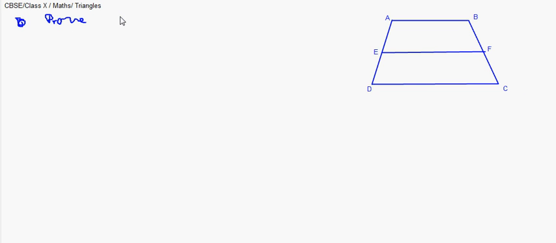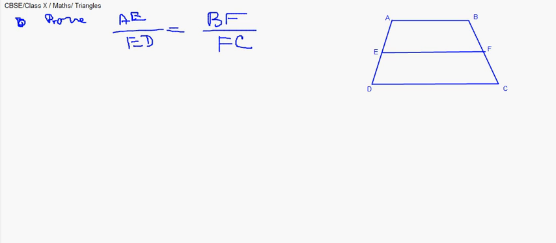We have to prove AE by ED is equal to BF by FC.